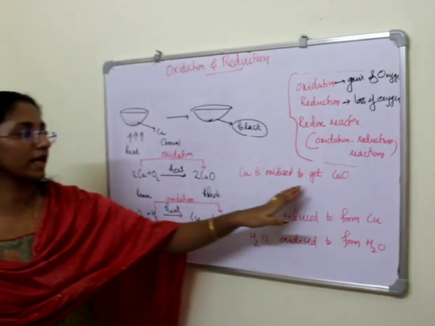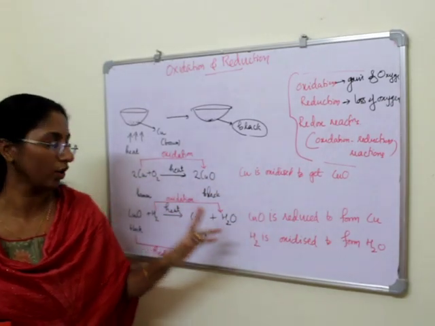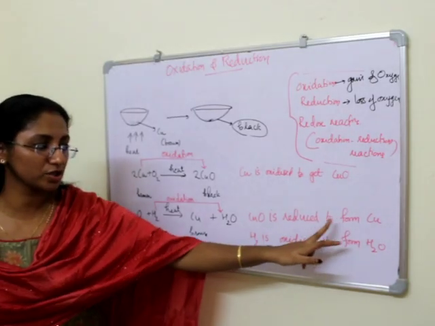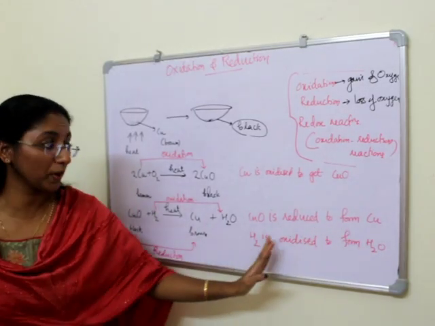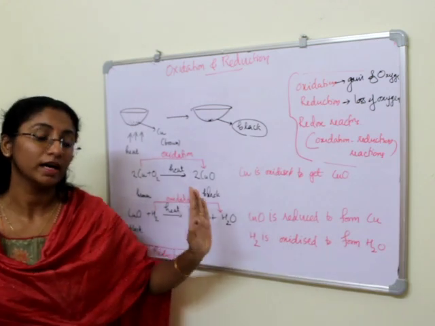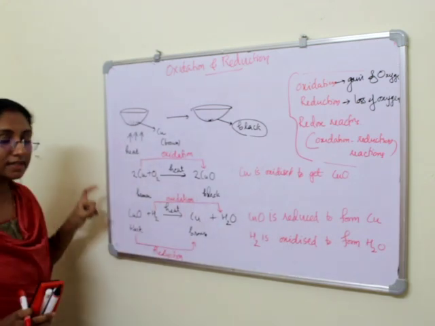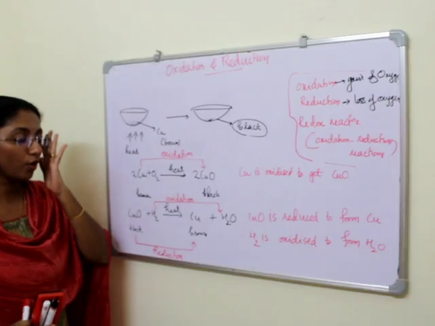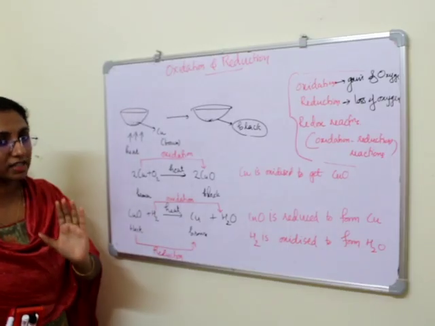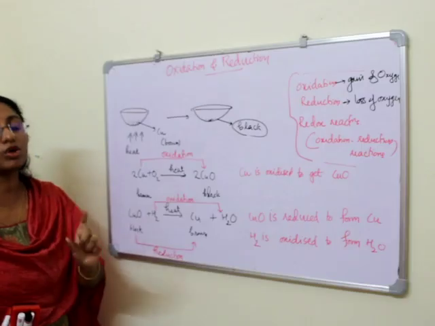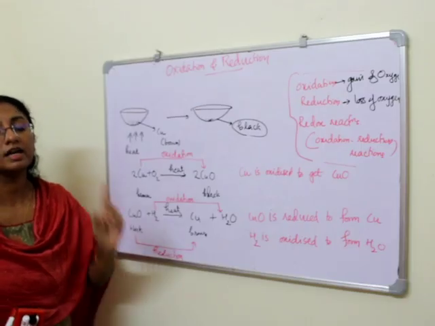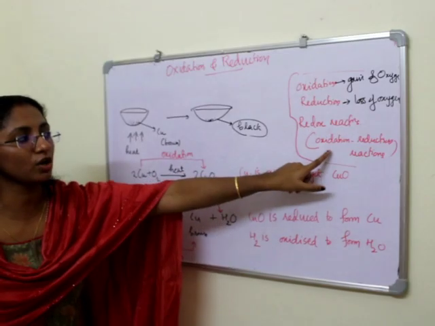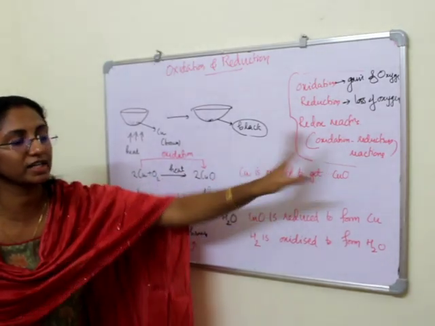Okay, so within this reaction, what is happening? Copper is oxidized to get CuO. When we take this reaction, CuO is reduced to form Cu and H2 is oxidized to form H2O. That means in this single reaction there is both oxidation and reduction. When both oxidation and reduction are happening within a chemical reaction, we call that type of reaction a redox reaction or oxidation reduction reaction.